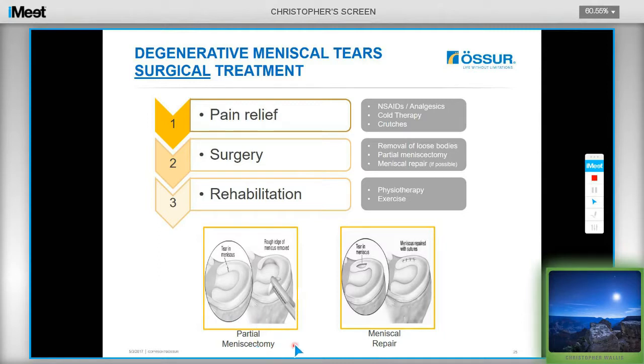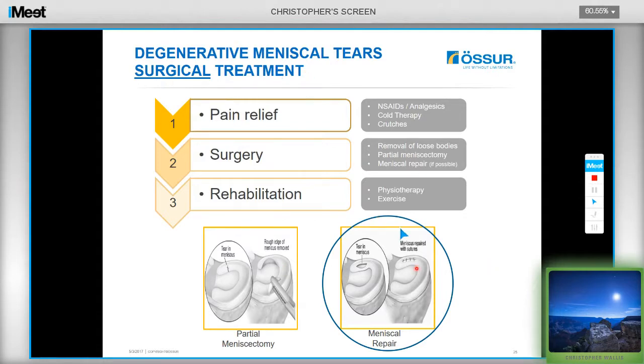Potentially they will undergo partial meniscectomy if there is binding or catching in the knee. And ideally they'd like to be able to do meniscal repairs, but they don't tend to have as good outcomes in the degenerative meniscal tears because of the lower potential to heal.